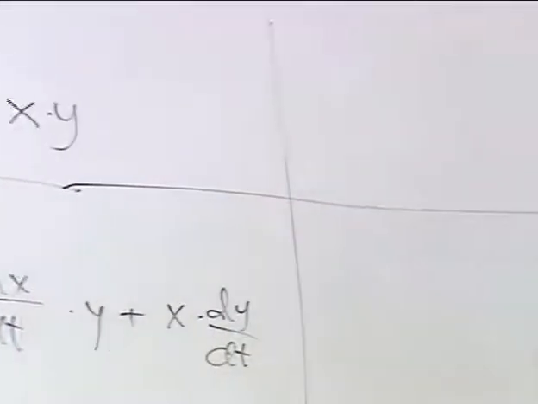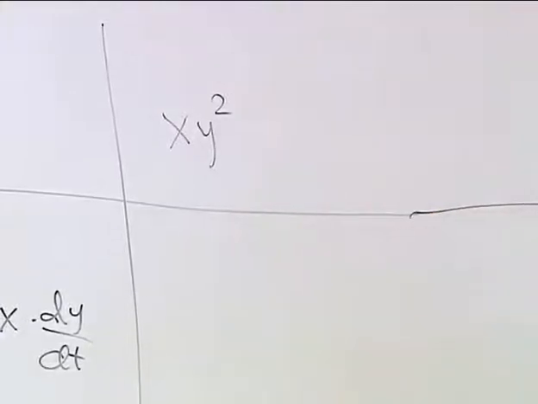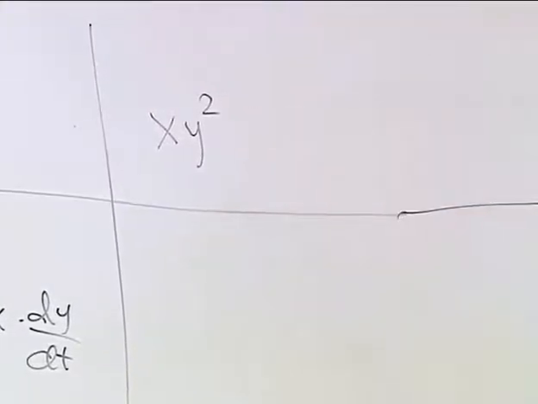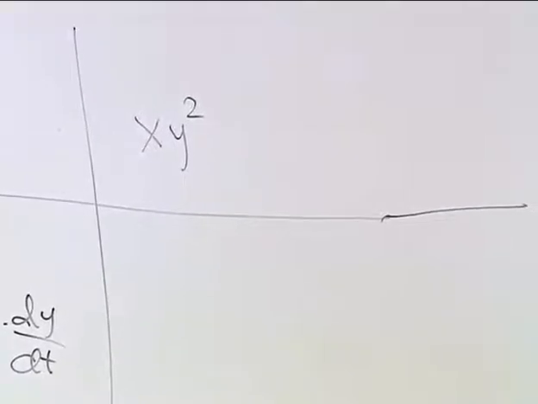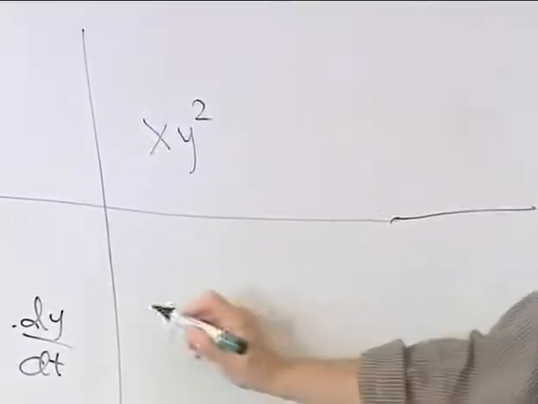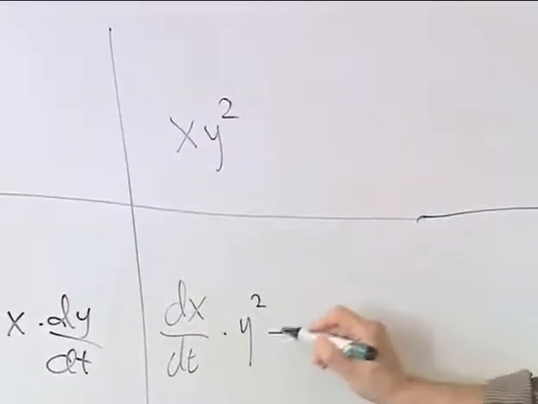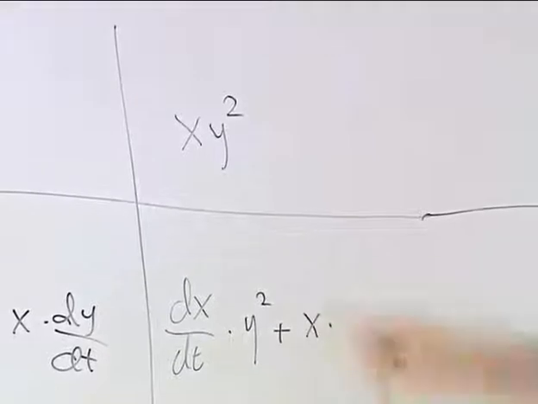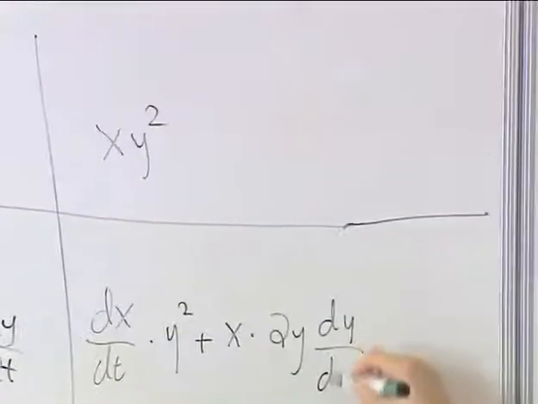If you're doing implicit differentiation and you see a term like this, just the y is squared, not the x. It is dx dt times y squared plus x times the derivative of that, which will give you 2y dy dt.